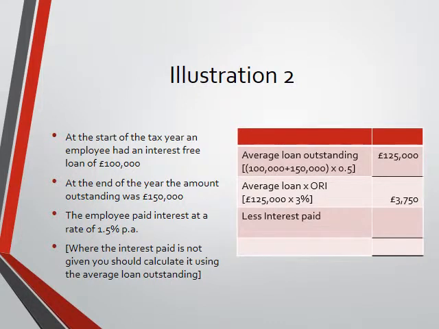So that's the average loan outstanding of 125,000 multiplied by the interest rate that's payable of 1.5%, or £1,875. That leaves us with a taxable benefit for the year from this beneficial loan of £1,875.